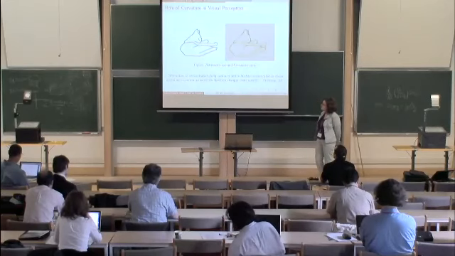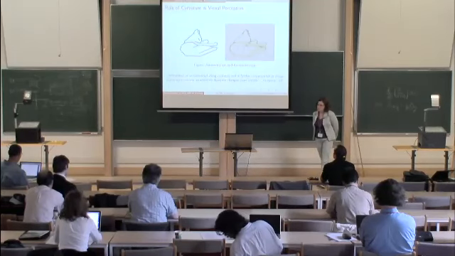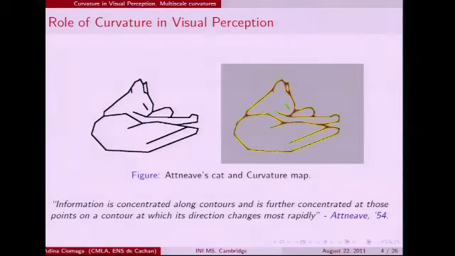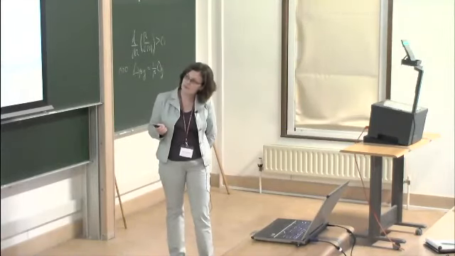Namely, if we see an image, we cannot register in our brain all of the information we have in the image. But actually what is retained by our retina are the contours, and even more, the points of the contour at which direction changes abruptly. And these points correspond to curvature extrema.